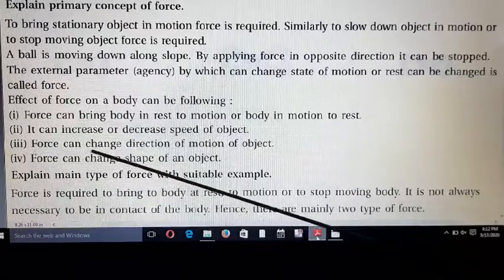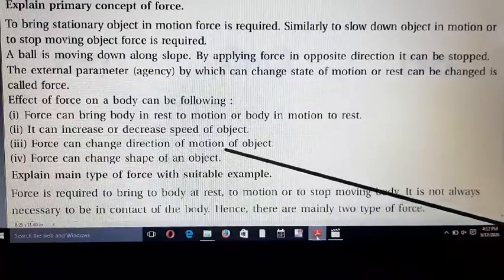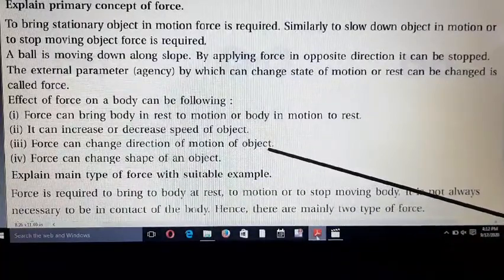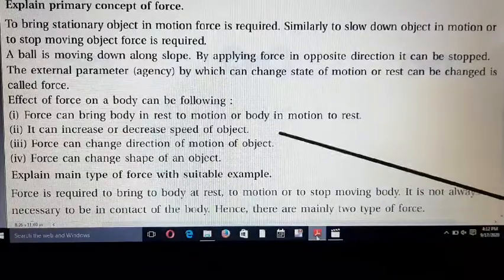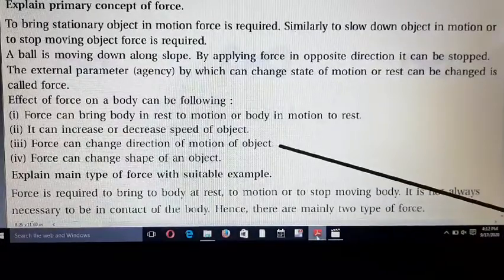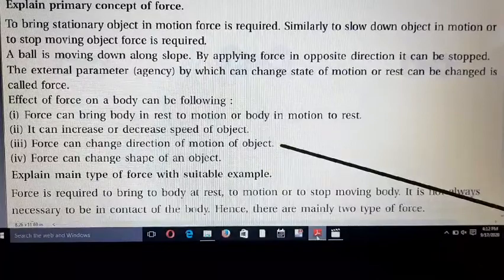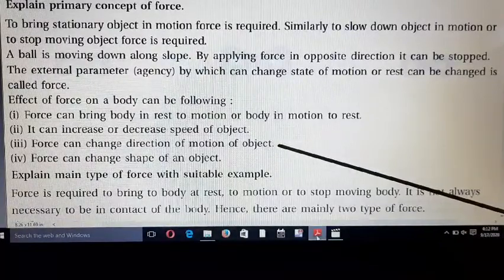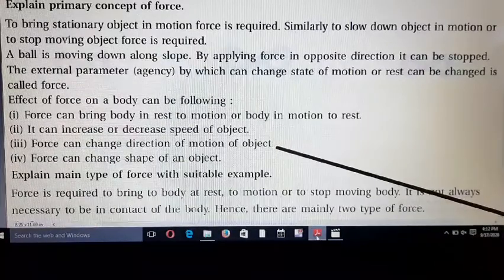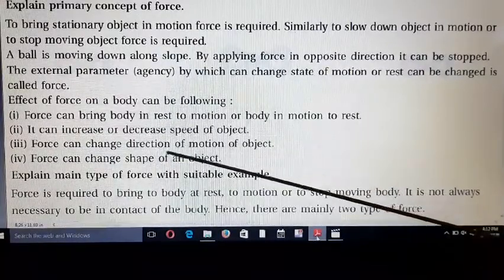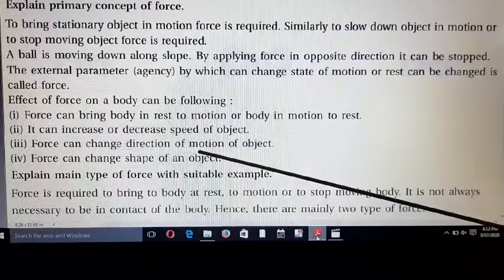Third, force can change the direction of motion of an object. Suppose I give an example, a bowler throws a ball and the batsman strikes the ball. Means the batsman applies some force on the ball and the direction of the ball is changed.